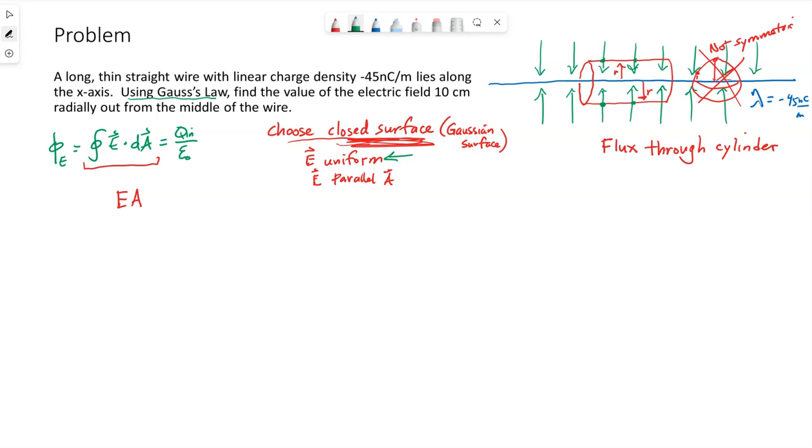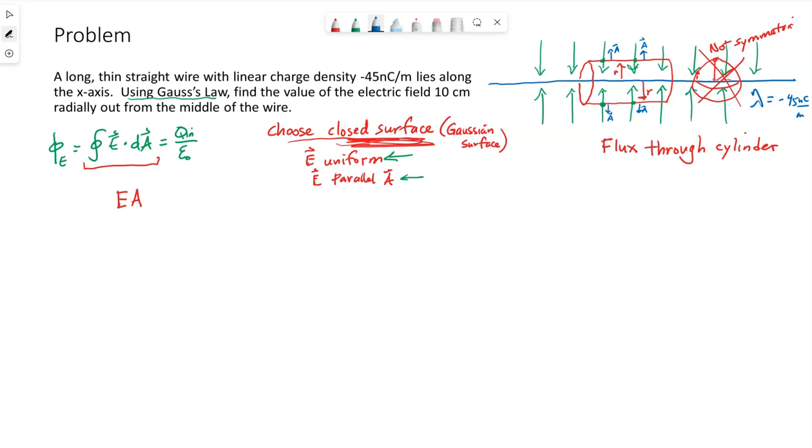The electric field vector is parallel to the area vector. The area vector is always normal to the surface. It does point outwards. So if I draw little area vectors on here, they point radially away from the wire. But that's still parallel to the electric field.